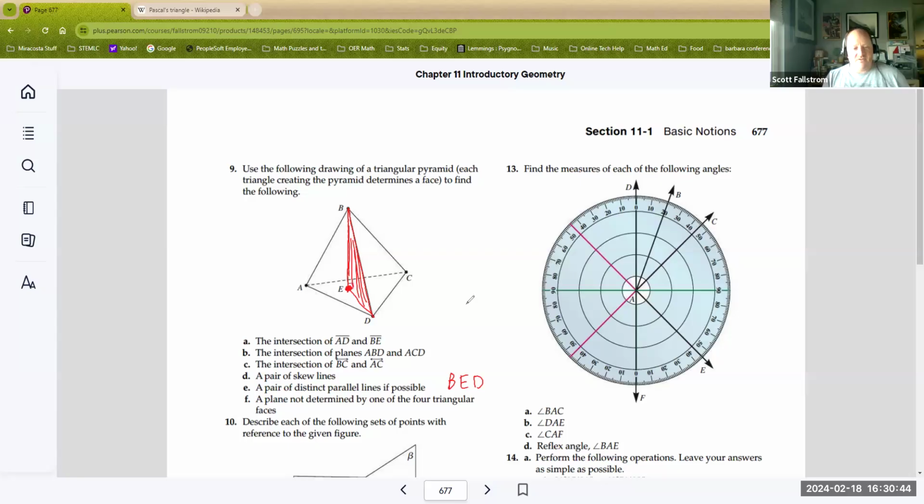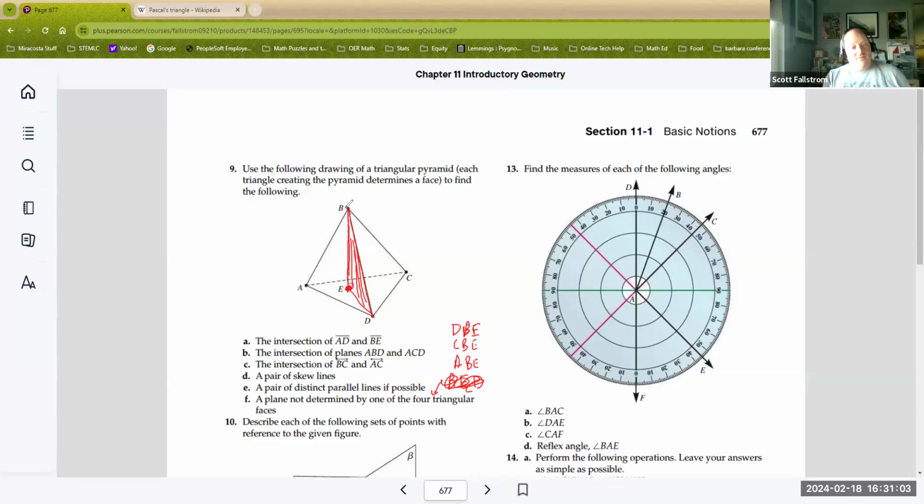Okay, so there you go. There's one of them. BED. Again, I would also take ABE or CBE. And I guess you could have called this DBE if you wanted to be consistent. So take BE and pick any of those other ones.